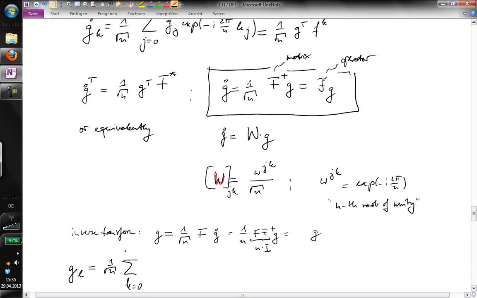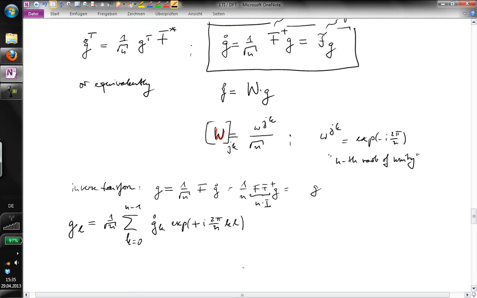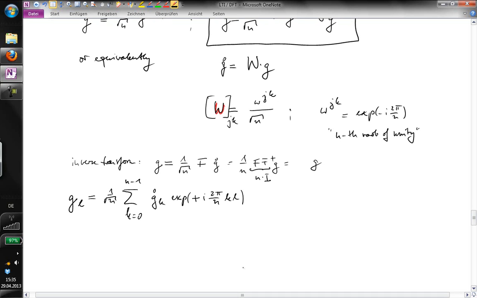This time it's the frequency that runs k from 0 up to n minus 1. This time we have a plus i 2 pi over n kl. So this is the inverse discrete Fourier transform.